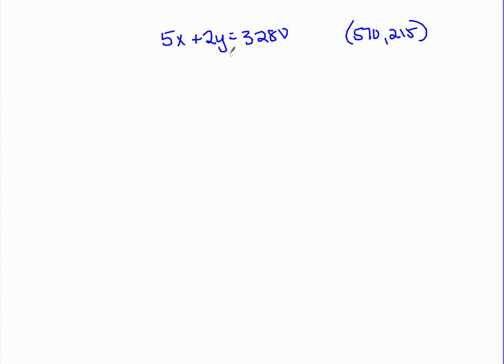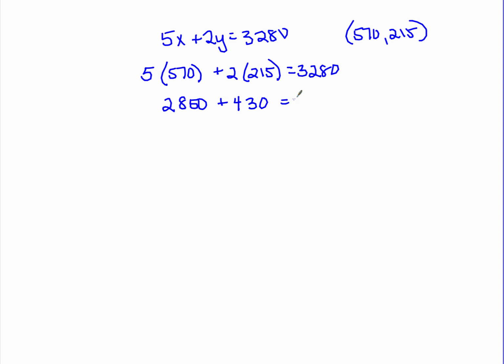For our x and y, we plug in our values: 5 times 570 plus 2 times 215 is equal to 3,280. 5 times 570 is 2,850, and 2 times 215 is 430.